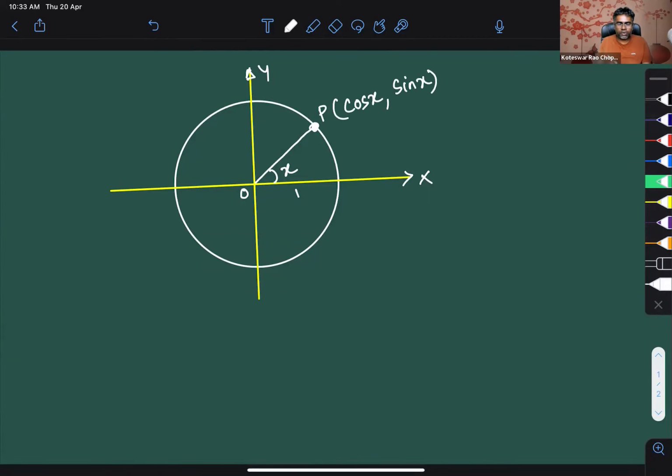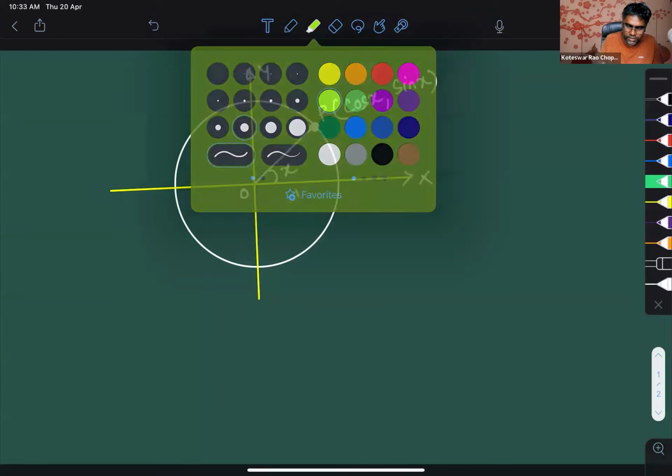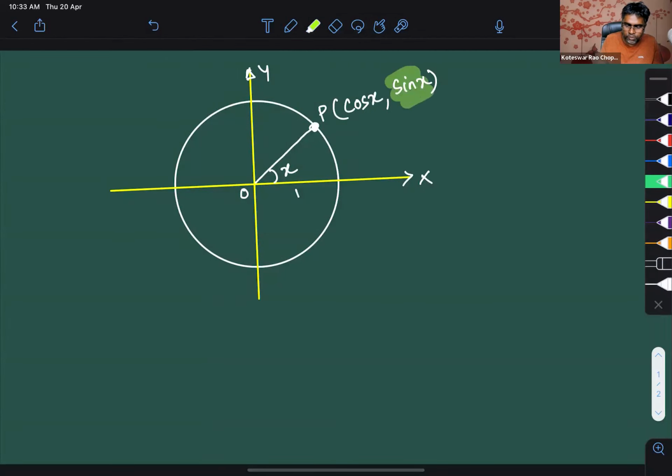Now, what I want you to do is pay attention only to sine x. So sine x gives the value of the y coordinate.